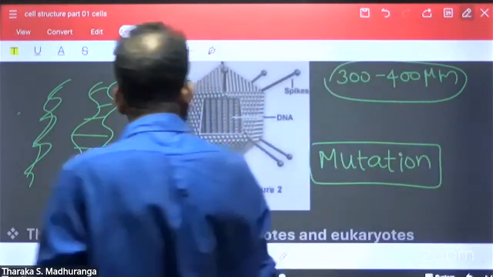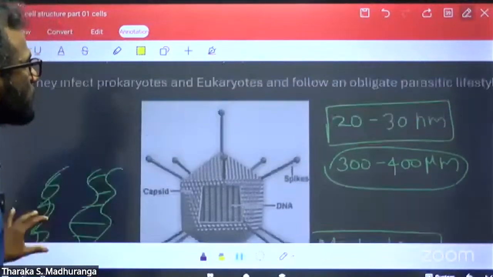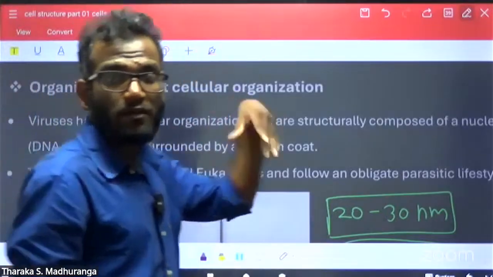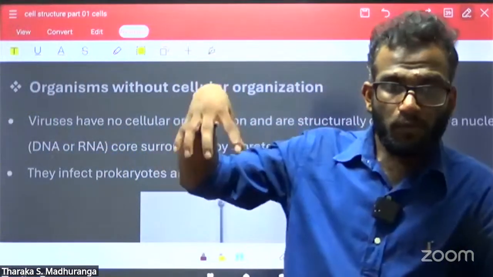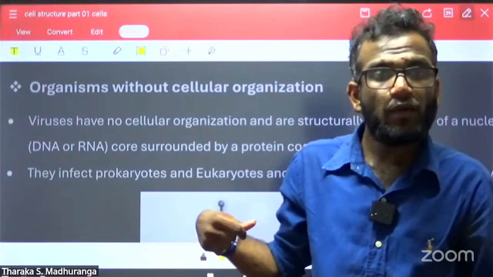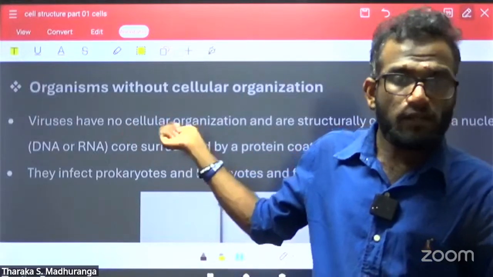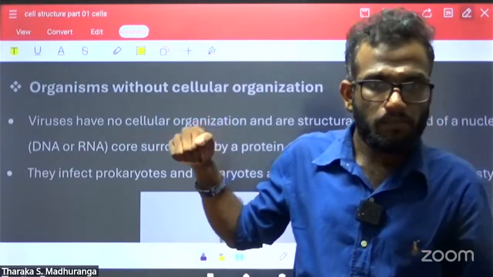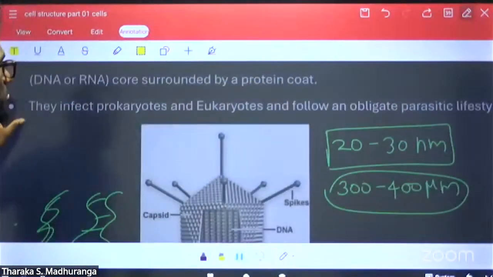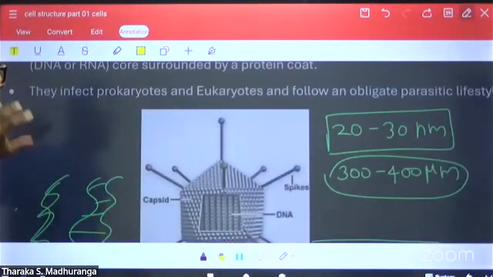Therefore, they don't have an organized cell structure, so we can't place them as prokaryotic or eukaryotic. Therefore, we say viruses don't have cellular organization. A virus is an organism without cellular organization.